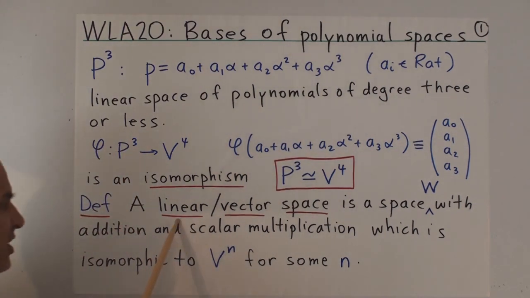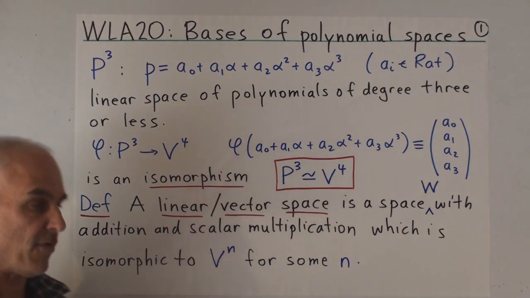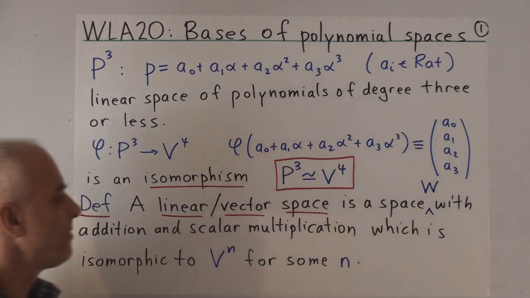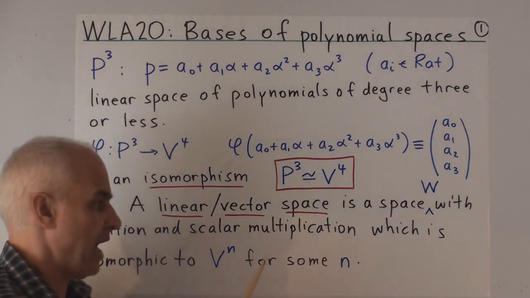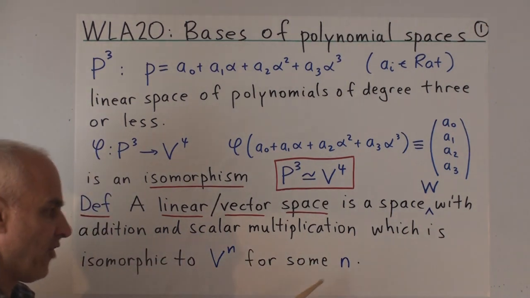We'll say that a linear space, or a vector space, same thing for us, is a space, let's call it W, which has an addition and a scalar multiplication, which is isomorphic to Vn for some n.